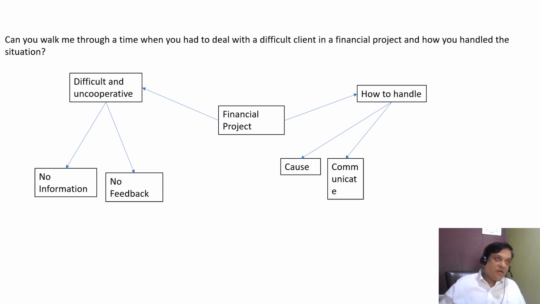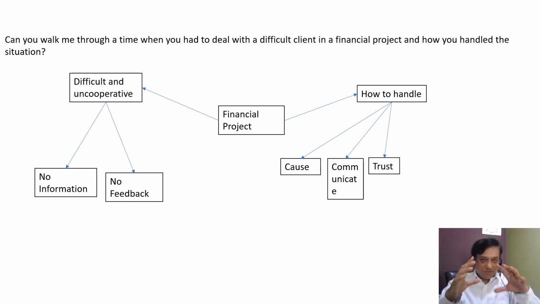Or second, miscommunication, maybe there is a communication gap, so that is the way you can communicate effectively with him. Once that is done, then you start building the trust in the relationship, and then slowly you start demonstrating your expertise, being transparent about the project status, and providing regular updates.